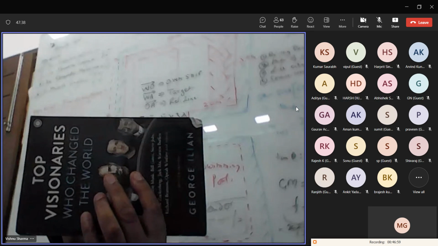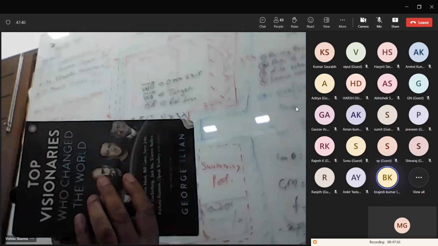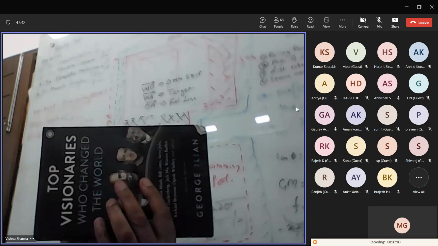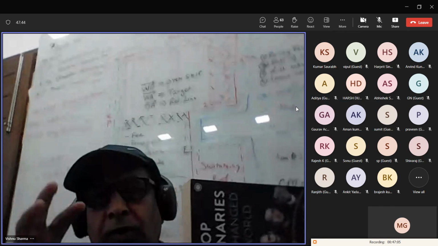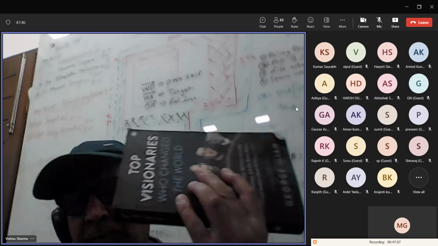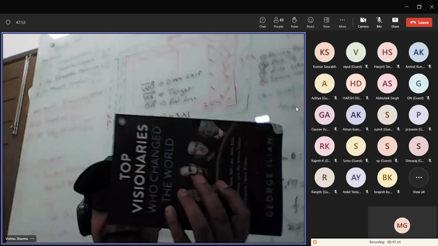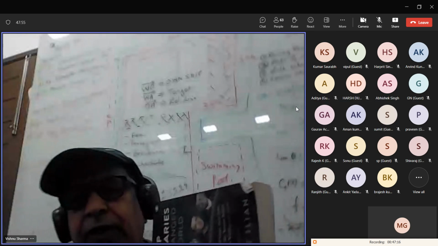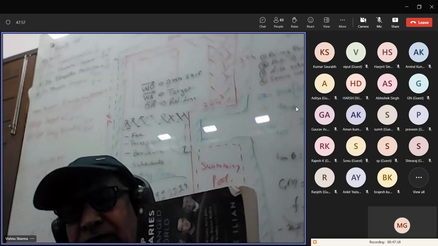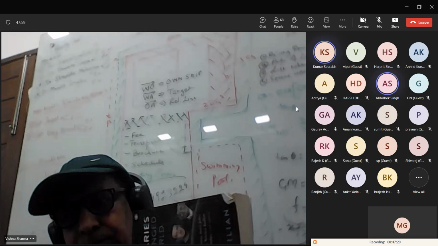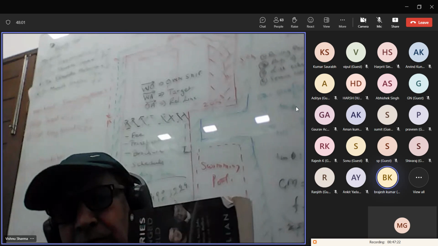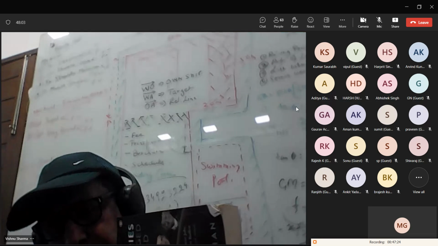Do you agree with me? When I remove that part, do I lose some volume of the book? Yes or no? Will the volume of the book reduce? Yes, sir.